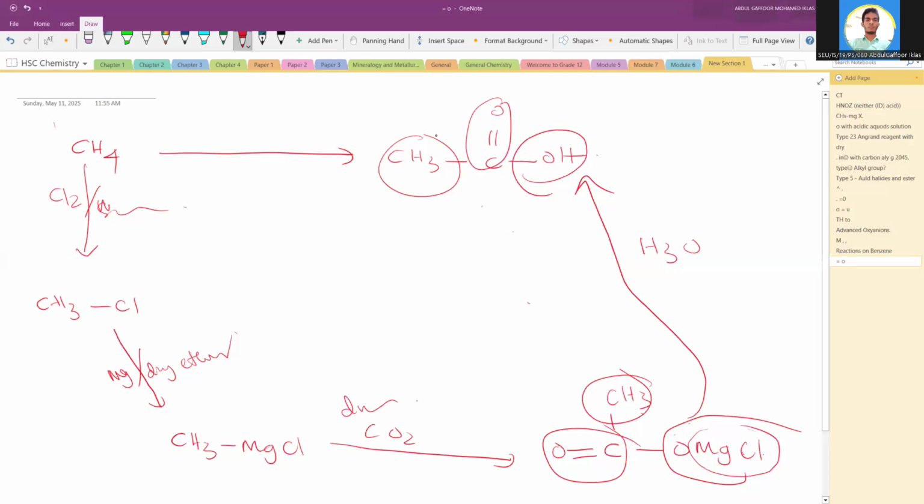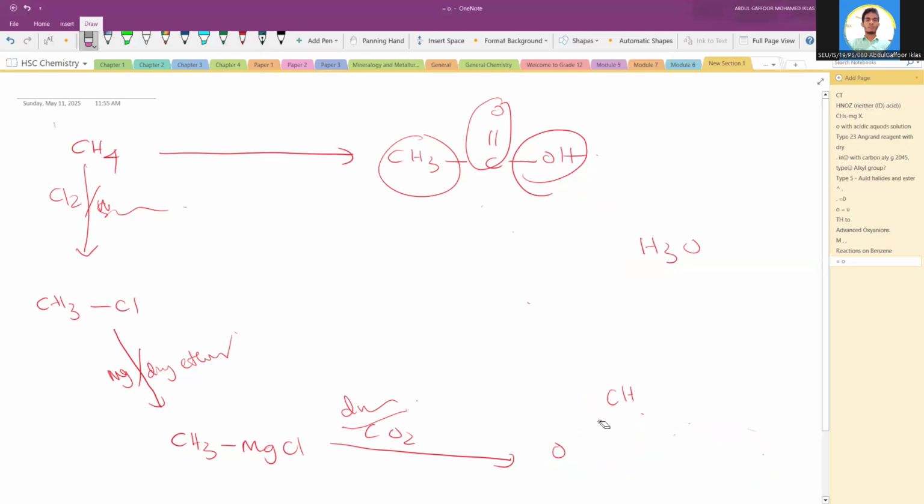After preparing the Grignard reagent in dry ether, you can use dry CO2, right? Because the orientation of the molecule might be different, that's why you get confused here, right?